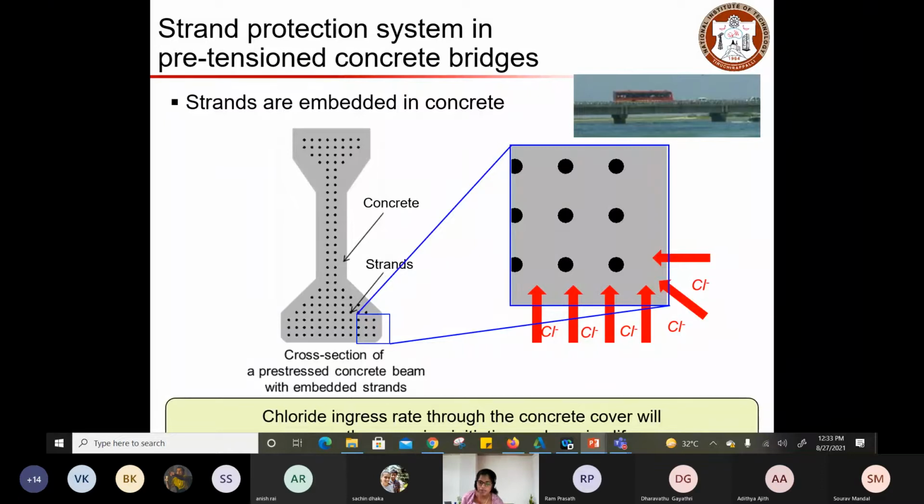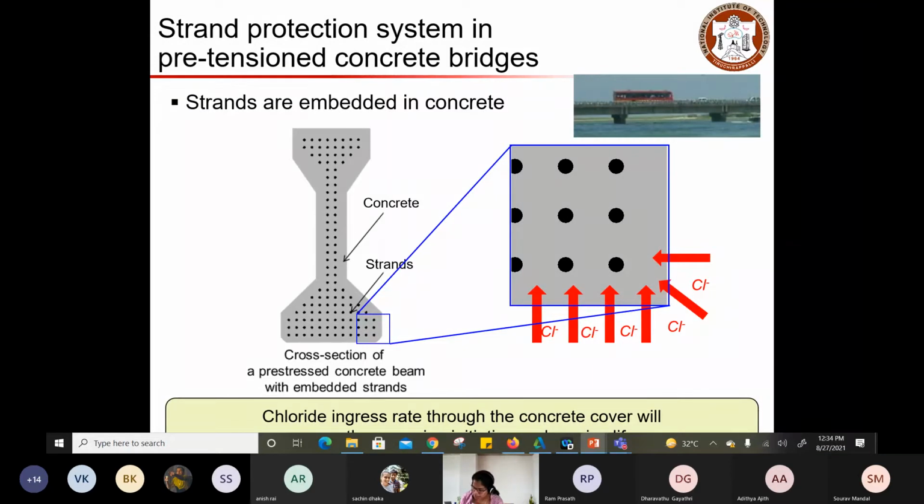Why? Because your strands are already in a stressed condition. When it is under stress, the energy level of your strand is going to be at the higher range and they tend to react faster. So you need a smaller amount of chlorides to initiate corrosion compared to conventional reinforced concrete structures.